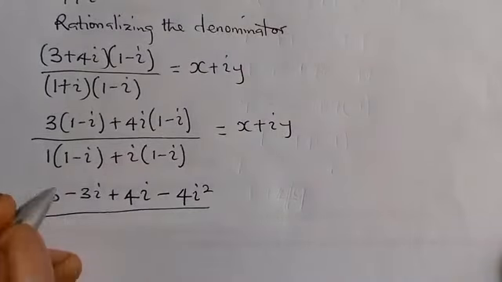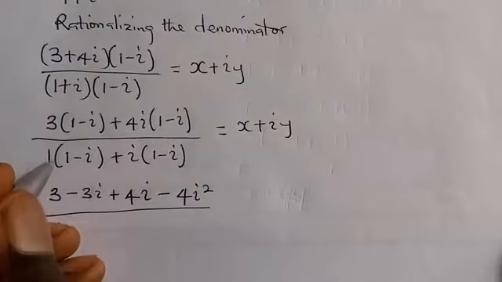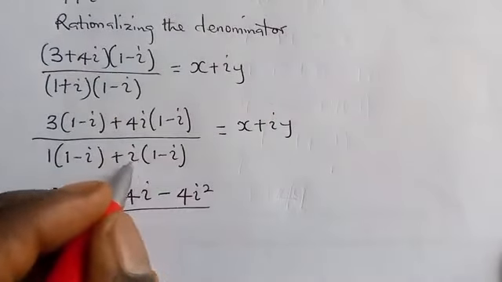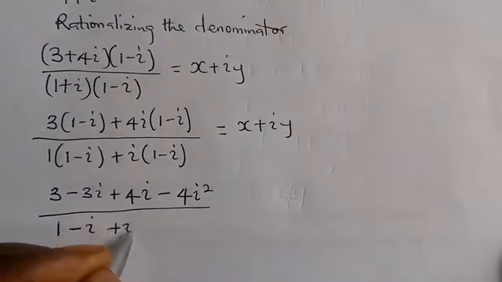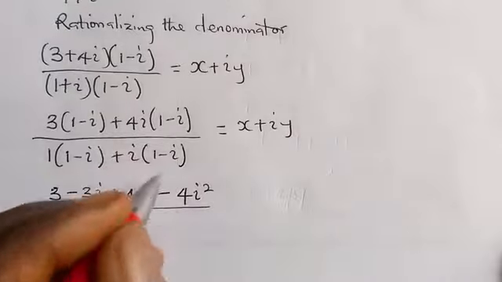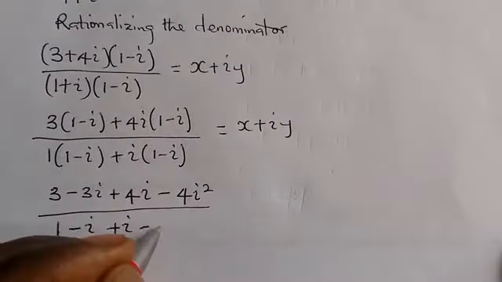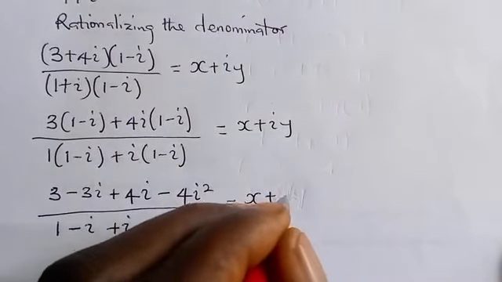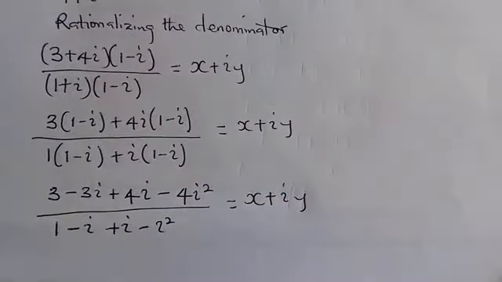Divide by 1 times 1 is 1. 1 times minus i is minus i. Plus i times 1 is plus i. Plus times minus is minus, i times i is i squared. This is equal to x plus iy.